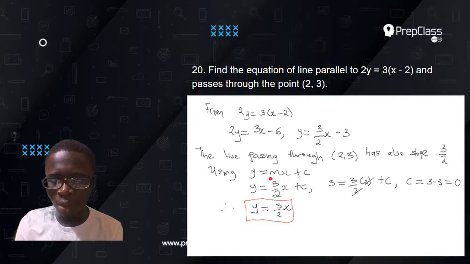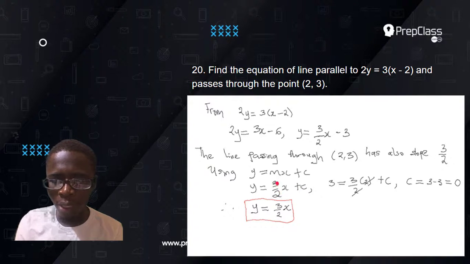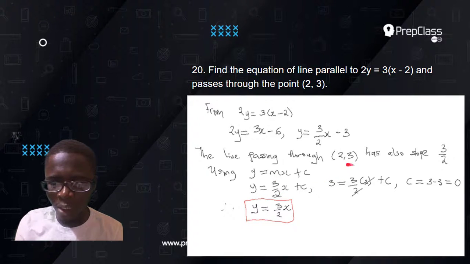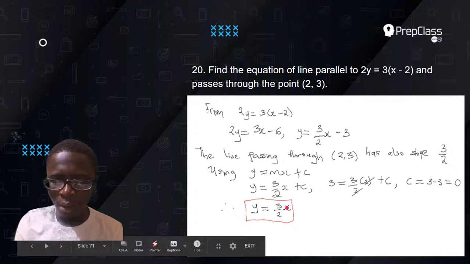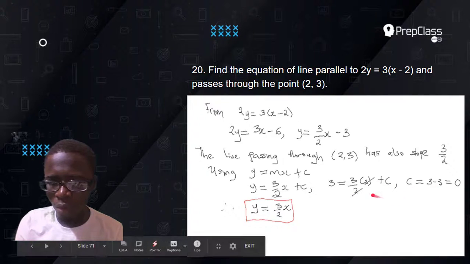And from the equation of a straight line, we want to know the value of the y-intercept of the second parallel line. So here, as you can see, we just need to substitute m for the slope because they are the same. So we need to substitute the values at which the line passes through the coordinates. And at this point, it simply means that my y is 3 and my x is 2. So by the time I effect this substitution, I'll be left with c being 0, because 2 cancels 2.